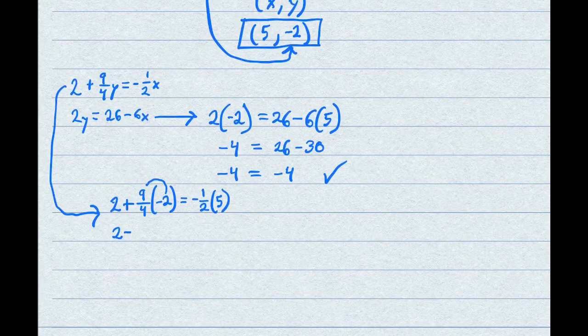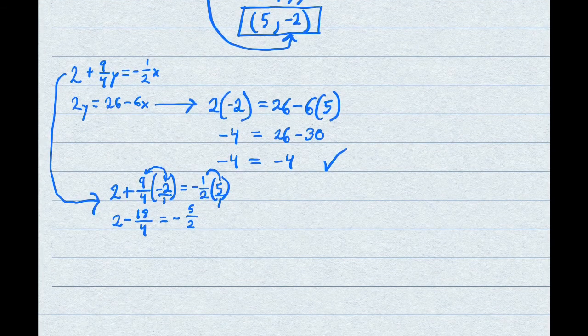It's really negative 2 over 1, and the negative 2 multiplies with the 9. So you have 18 on the top and 4 on the bottom. It's the same thing on the right side. The 5 is in the numerator, so it multiplies with the 1. So you have negative 5 over 2.